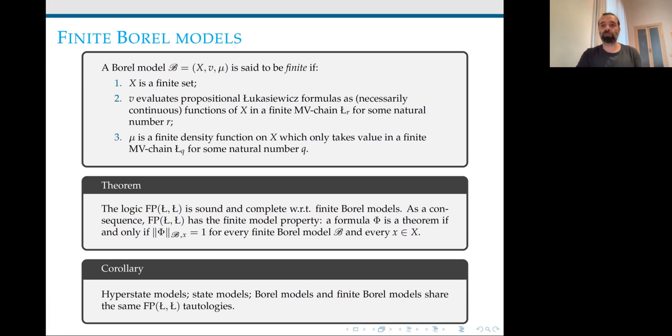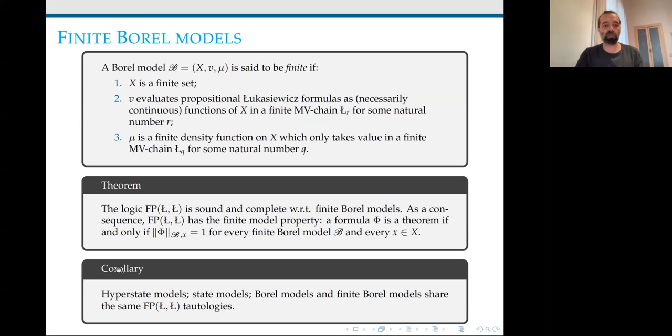So the finite model property, usually when we think about modal logic or also in measure theory, we just restrict our domain to be a finite set of points, right? But a model of this kind is finite in the sense that it really has a finite encoding. Everything that appears in a finite model can be encoded in a finitary way.